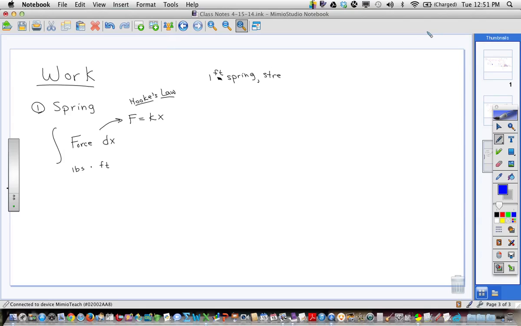We're going to stretch it to 1.8 feet, and that requires 24 pounds of force.